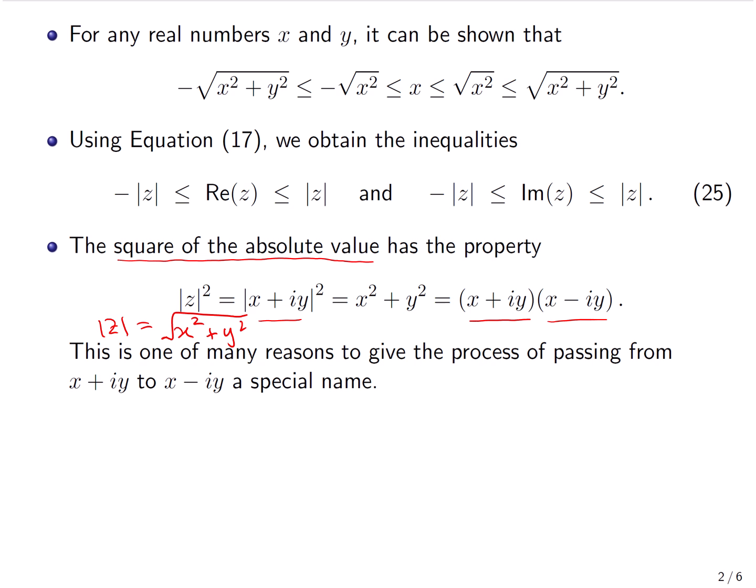Because when you distribute, you get x squared, and then you also get plus xyi and also minus xyi, and then finally you get negative i squared y squared. You can see that these two terms get cancelled out, and i squared is -1, so this becomes positive y squared. So that's how the simplification works.